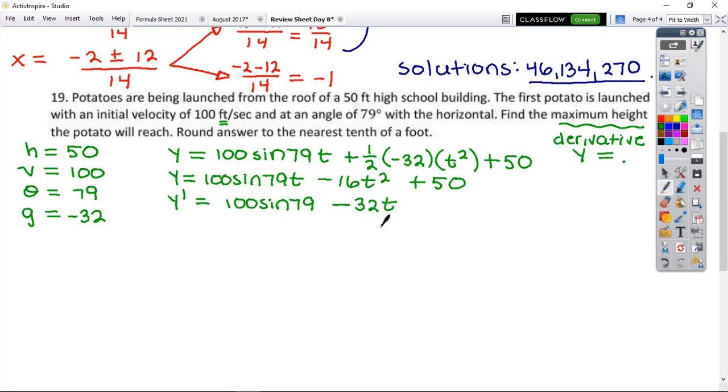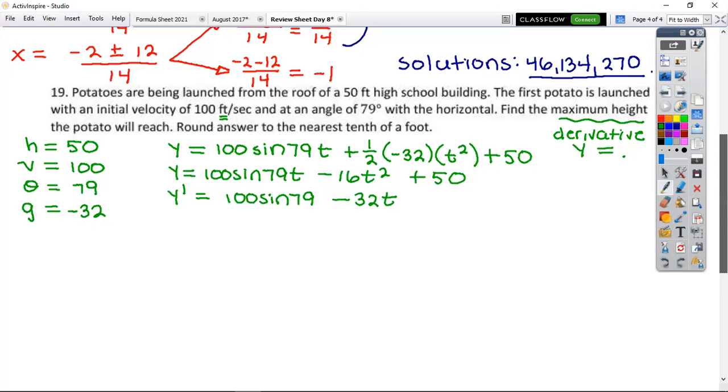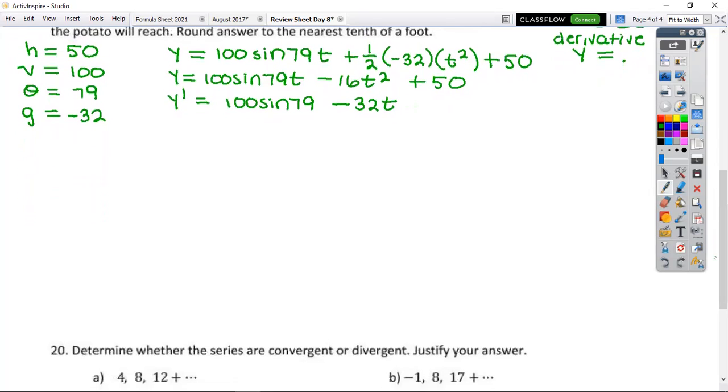Derivative of 50 is 0. So this is going to allow you to be able to solve for t. So I'm going to take that, add it over. 32t equal to 100 sine of 79, and then divide by 32.